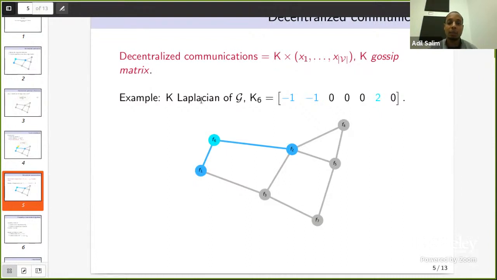A gossip matrix must satisfy some properties, but the classical example is the Laplacian of the graph of the network. If you multiply the Laplacian of the network by the vector of the local variables xi, the xi will be shared across the edges of the network.